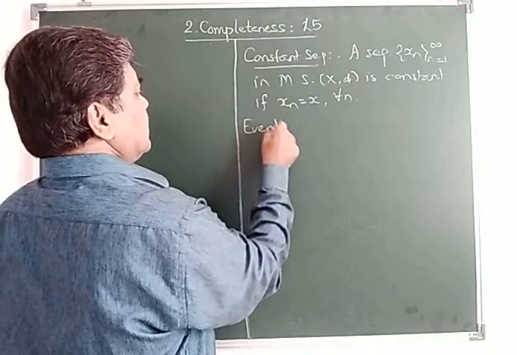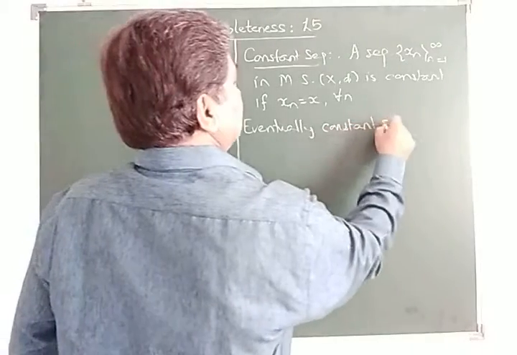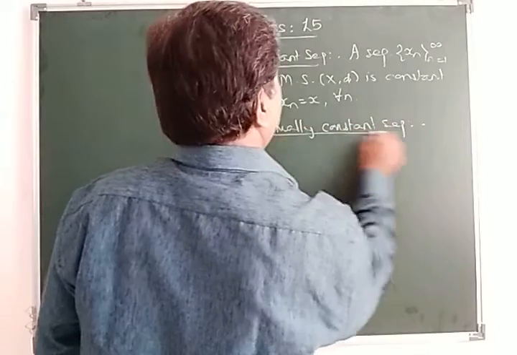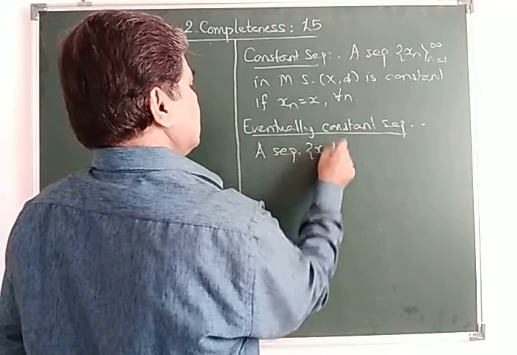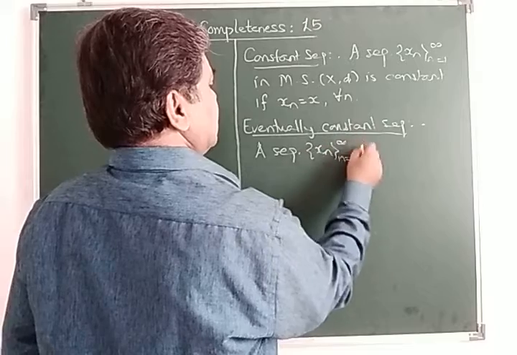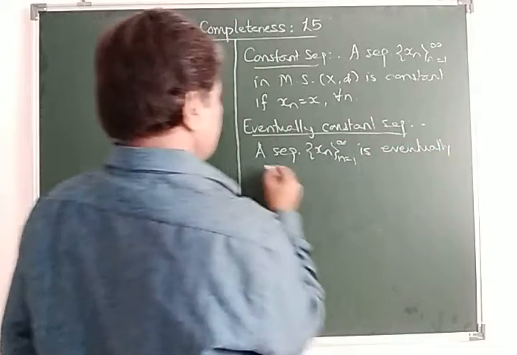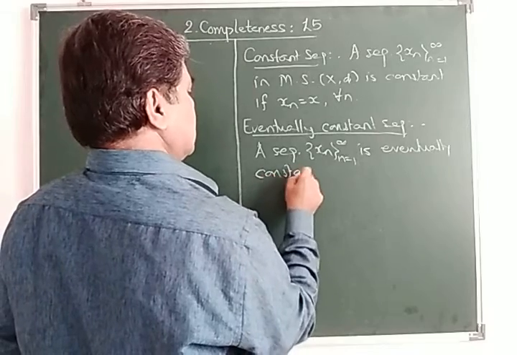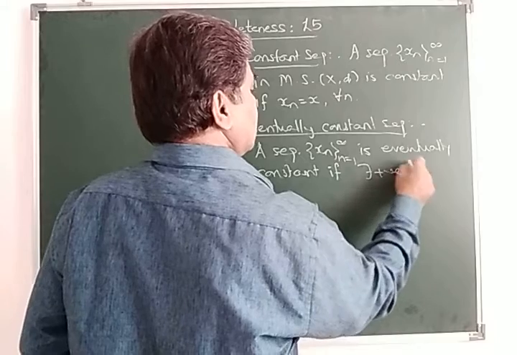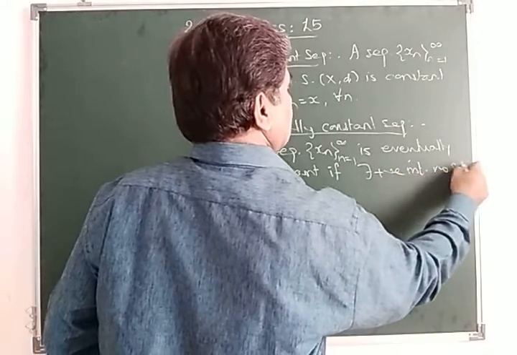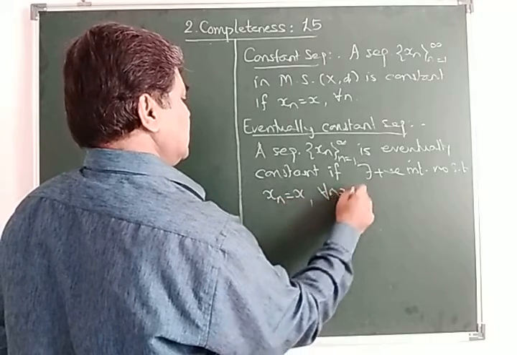Eventually constant sequence is nothing but a sequence whose all terms are the same after some n. A sequence xn, n equal to 1 to infinity, is eventually constant if there exists a positive integer n naught such that xn is equal to x for every n greater or equal to n naught.